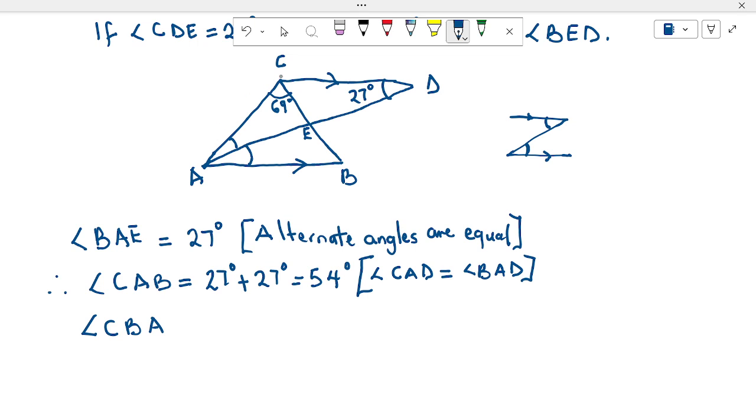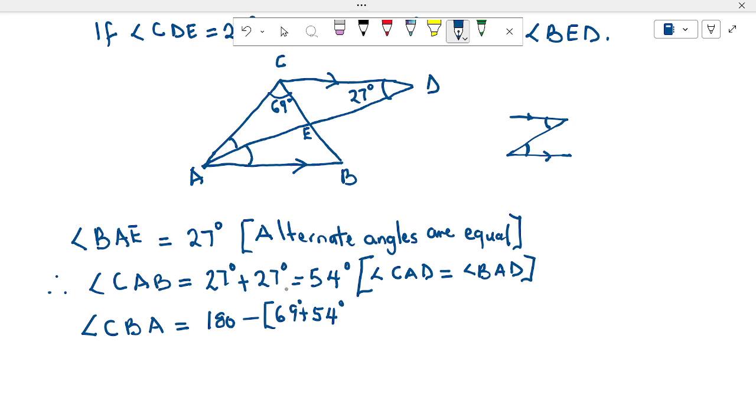This angle CBA, which is this angle, is equal to the summation of angles in a triangle, so 180 minus 69 plus 54 degrees.